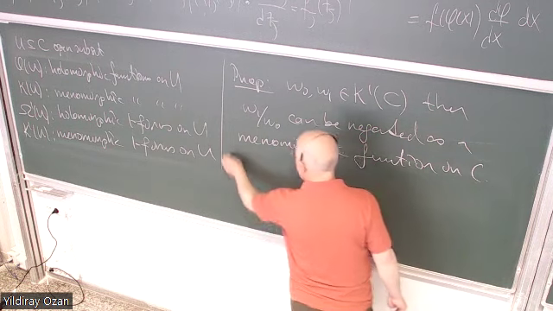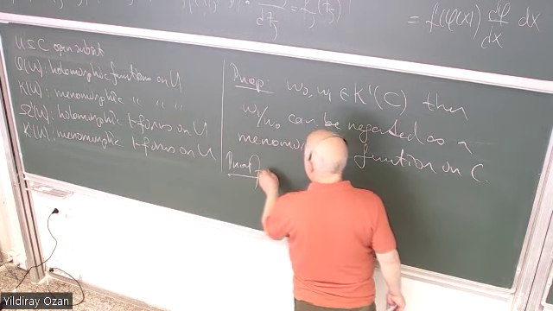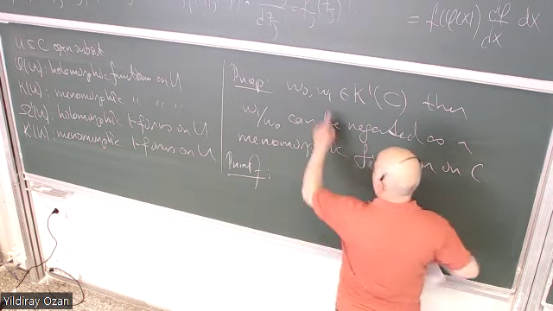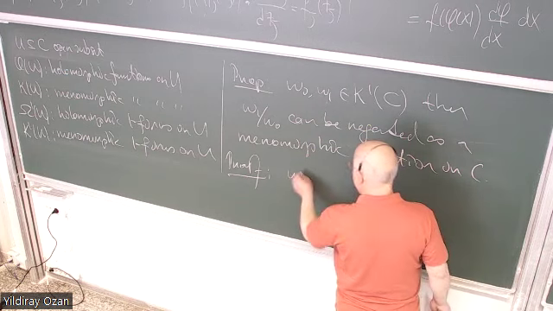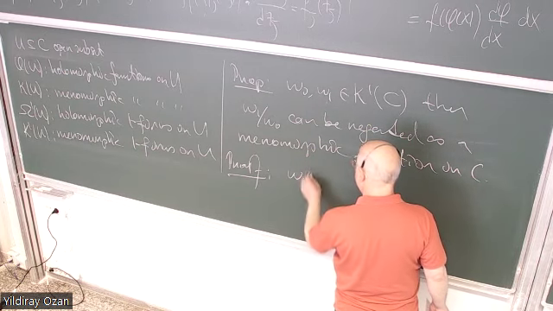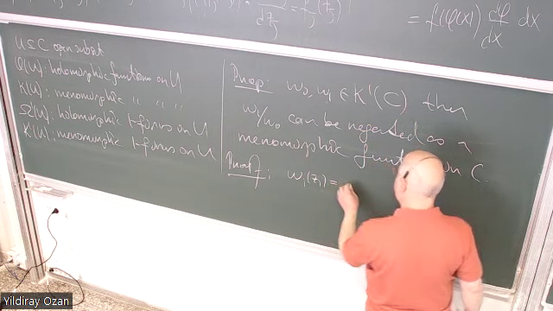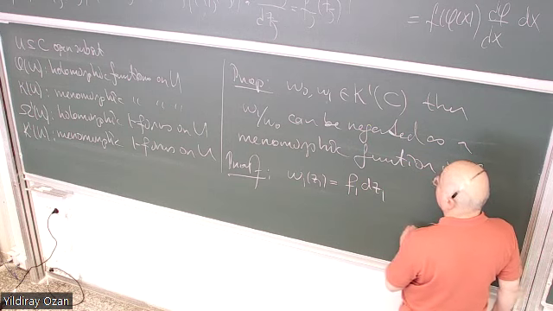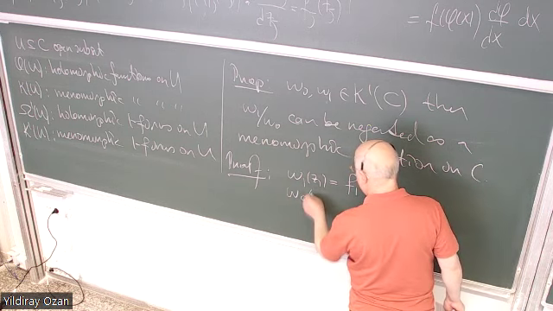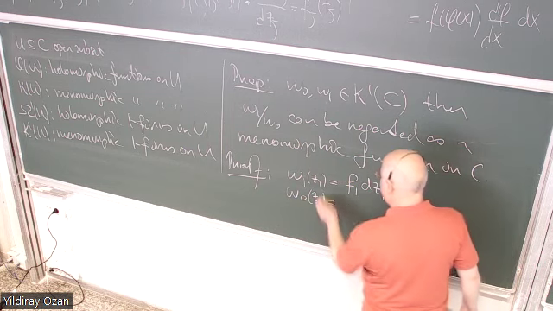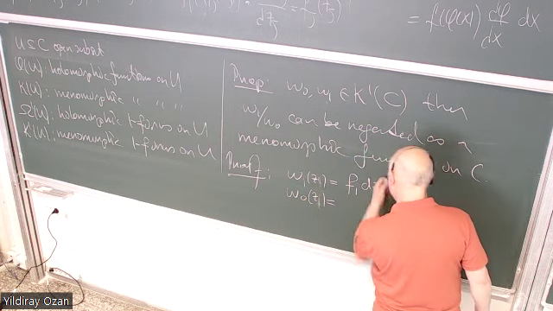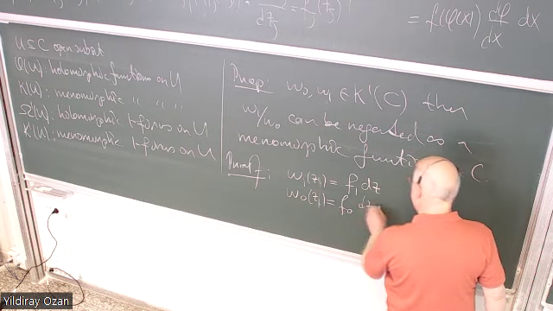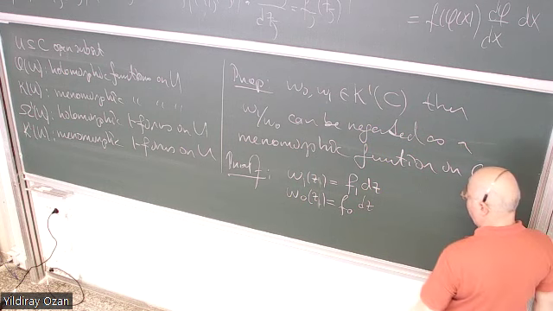And why is that? Well, on every coordinate system, these are written like this. This is just, let's say, W1 of Z, which is F1 dZ, and this is W0, which is F0 dZ. F0 and F1 are meromorphic functions.